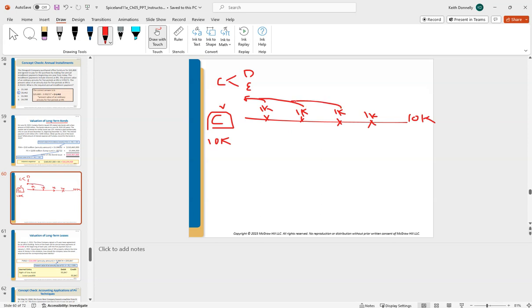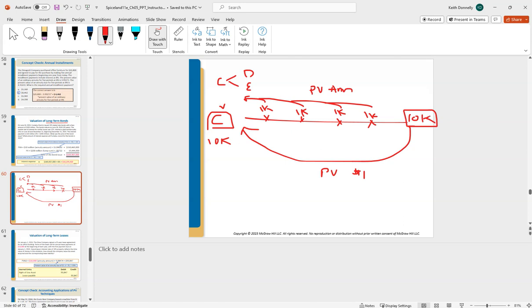value all these interest payments. That's going to be the present value of an annuity. Likewise, we got to present value that lump sum, the 10 grand at the end. That's going to be the present value of a single amount or a dollar. And why would anybody invest in our bond?